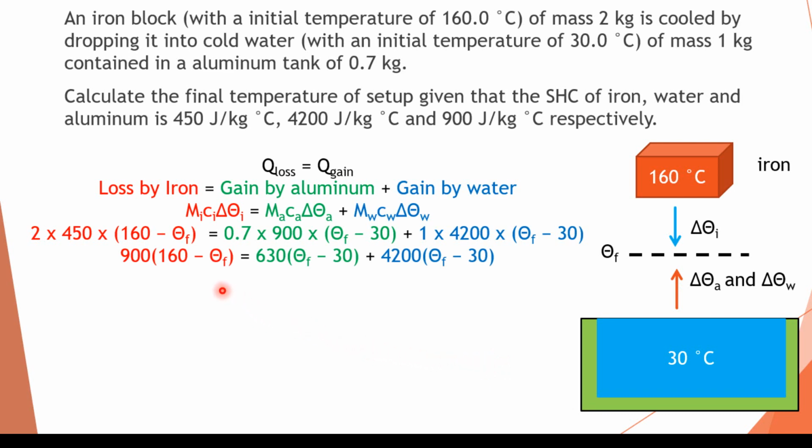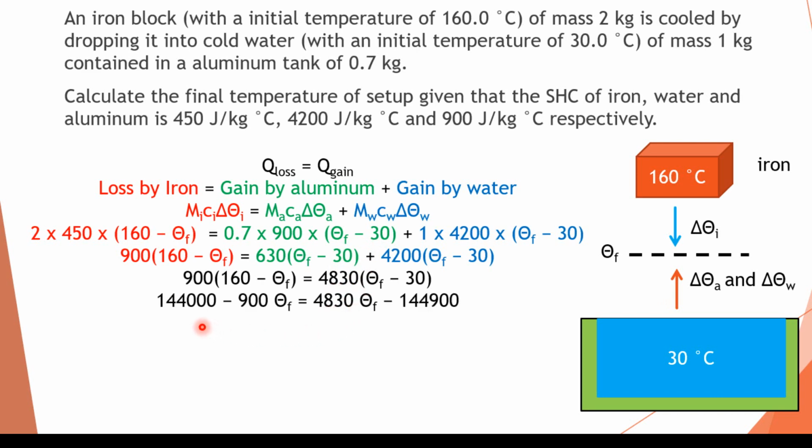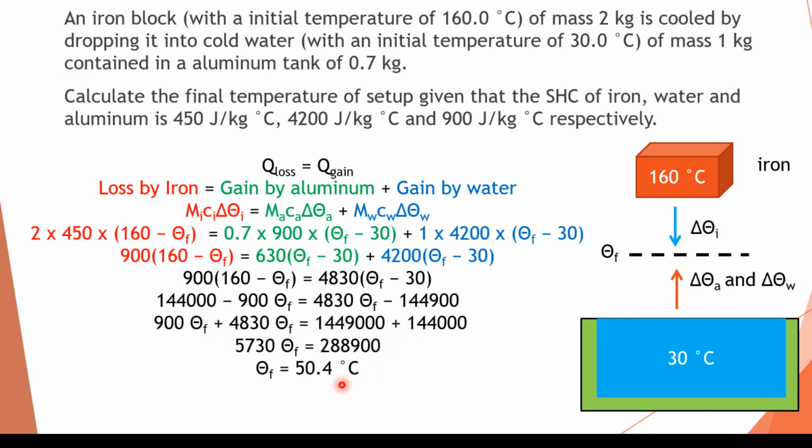Solve accordingly. Of course, this time round you have two parts, you just add them together and you get this 4830. Then expand, same thing, group the theta F together, the numerals on the other side, and you get this 50.4 degrees Celsius.